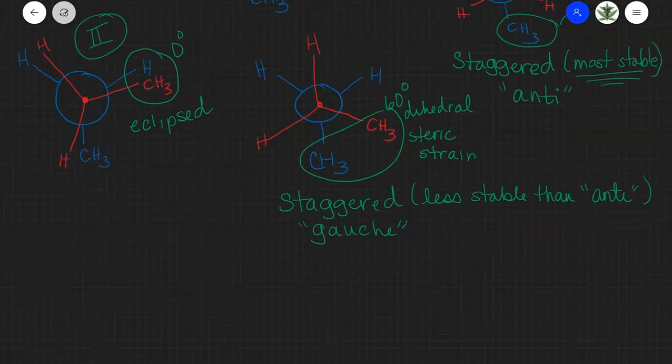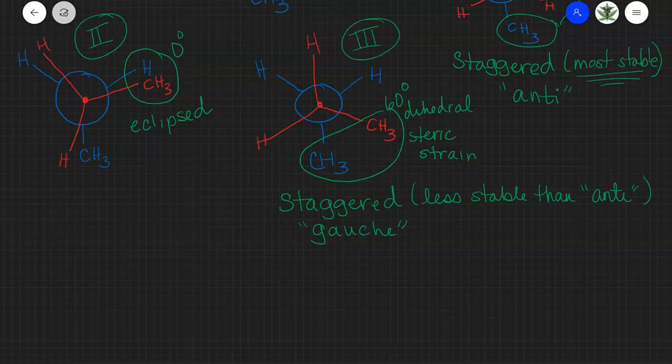I can, again, just to draw one more structure, and we'll call this one here structure 3. And the next structure I'm going to draw, we're going to call that structure 4. We leave that back carbon the same. And we rotate that front carbon.